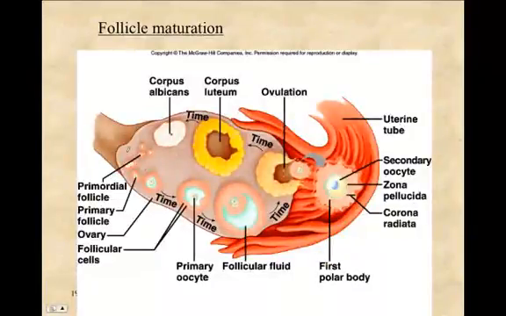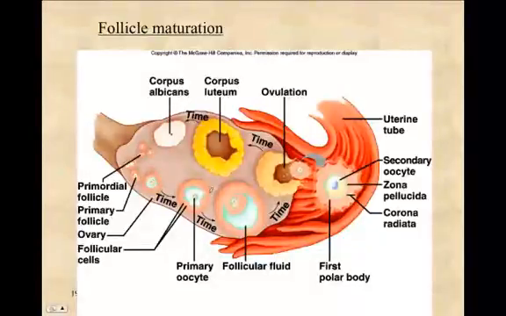Okay, this is kind of cool because this shows you the cycle of follicle maturation. We start off with these primordial follicles, and the primordial follicles will develop, especially once follicle-stimulating hormone is released, and they'll produce more follicle cells.